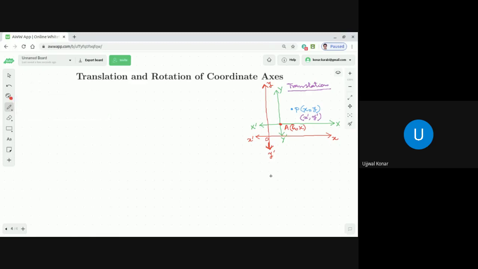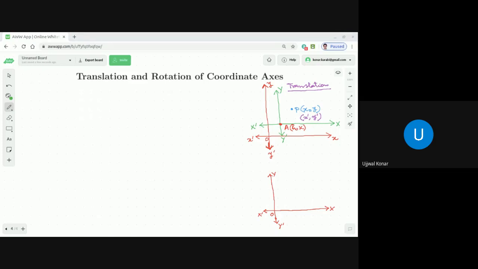So now suppose we have a coordinate axis. Okay, so this is x o x dash and y o y dash. What we are doing, dear students, is that we are now rotating that entire framework counterclockwise.